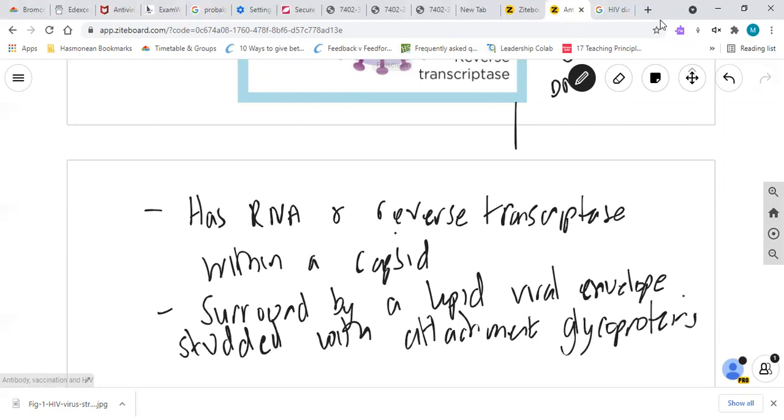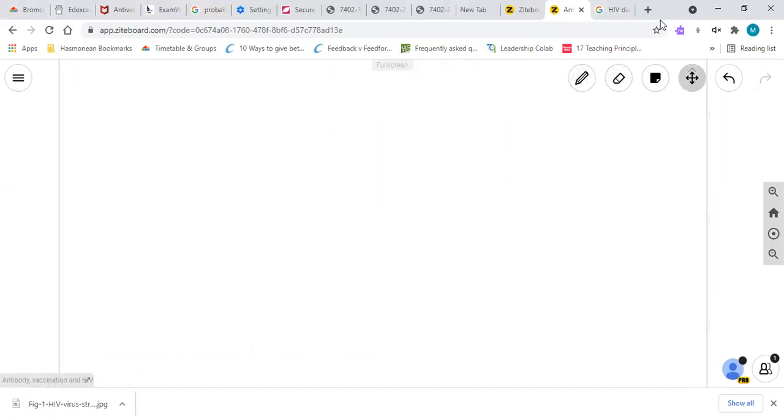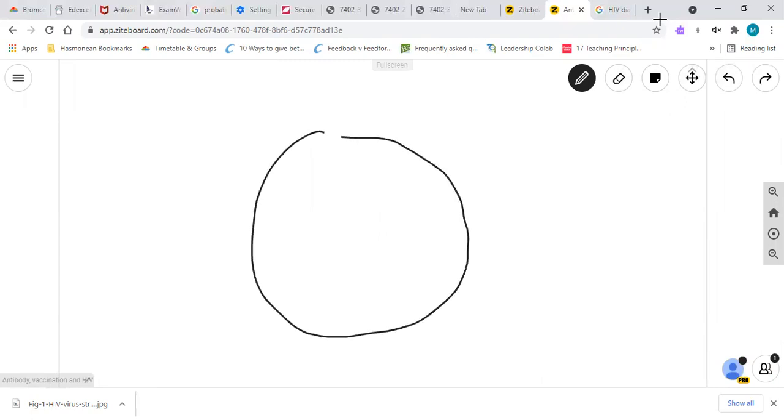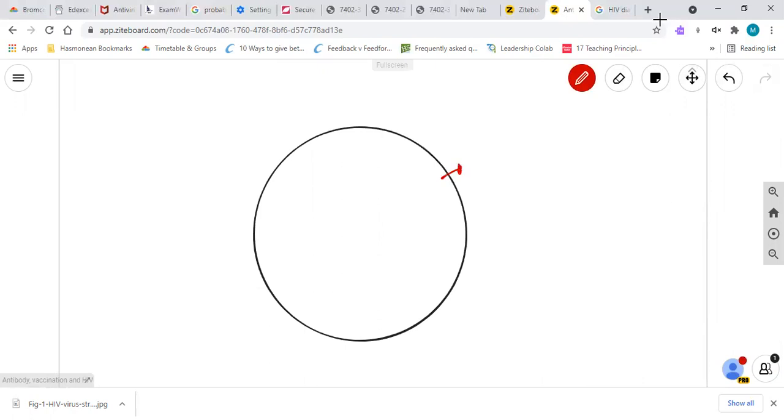So we know that HIV infects our T helper cells, so it lives within our immune system. So if we have a look at how it works, we have a cell like so, and the cells have various proteins on their surface naturally. So this is a T helper cell.